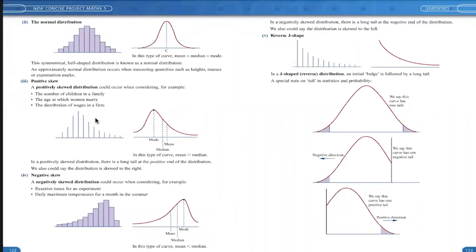So to give examples of skew then, wages in a company is a good one for positive skew. So think about any job that either you have worked in or anyone you know has worked in. A lot of people are on a relatively same wage. If I think of a coffee shop, most people are on minimum wage, and then you might have a manager or two, or the owner, or two or three owners, they will be on higher wages.